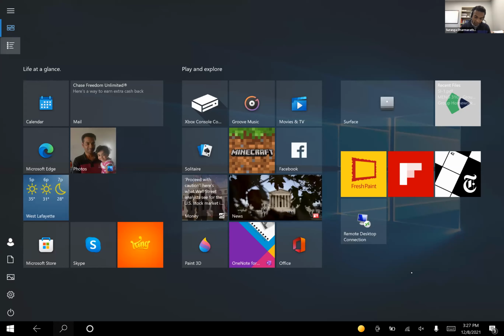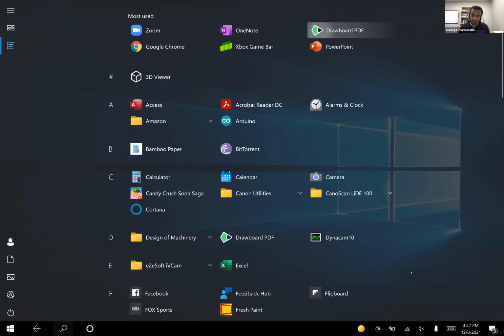To use the psychrometric chart, we go to this and share the psychrometric chart screen. Let's see, you have it. Okay, let's open it up. So this is the psychrometric chart.